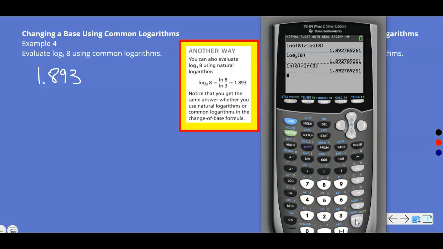So again, this is a third way to do it and still get the exact same answer. So this is change of base using common log. This is using your calculator's log base button, where you can enter the base given, and then this is using natural logs.